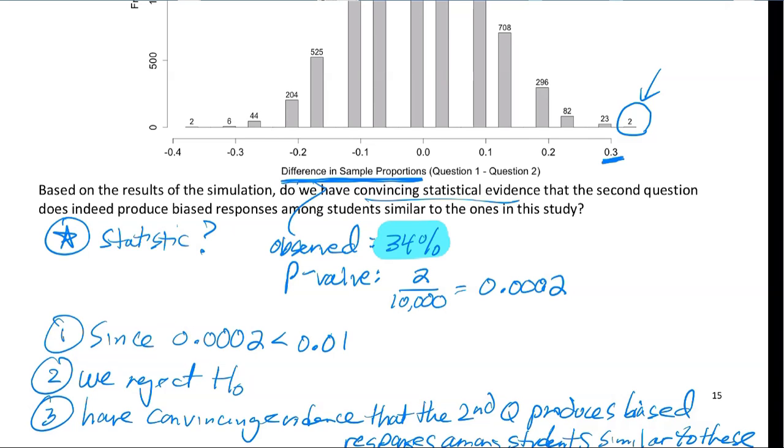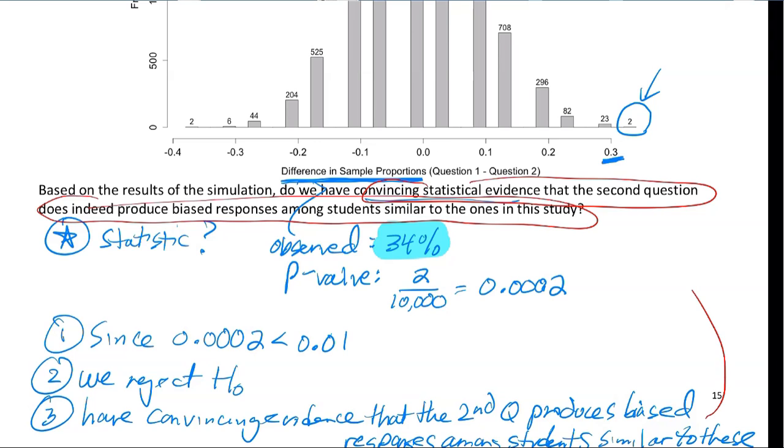A couple points about our conclusion. I basically copied this last sentence for context and make sure that you use the language of convincing evidence. This is not proof. You wouldn't want to say, therefore the second question is biased. You say, we have evidence that the second question is biased.